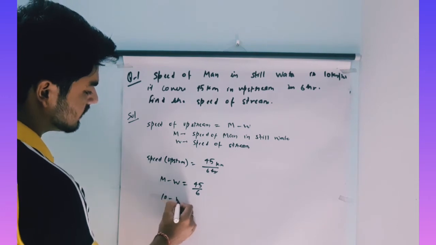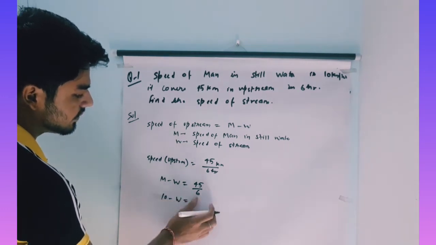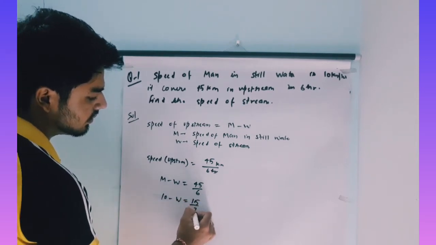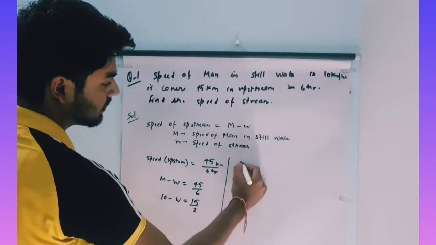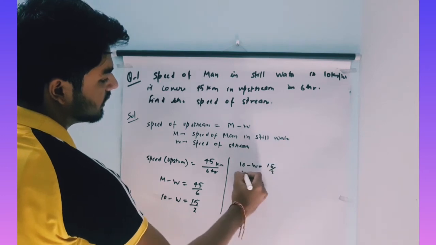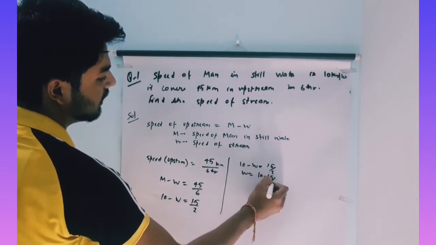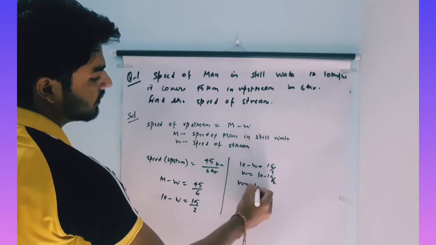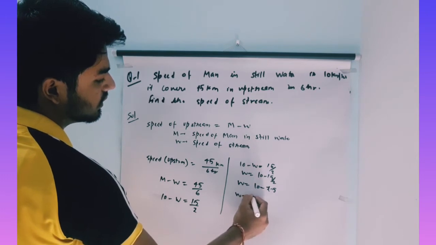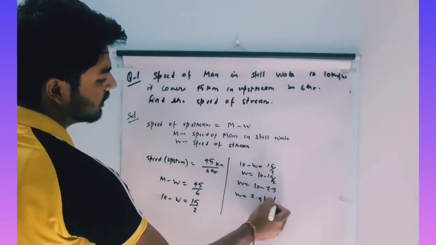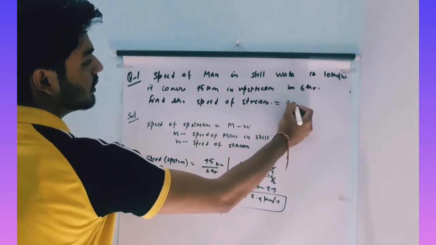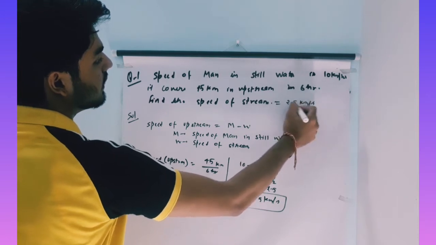So 10 minus w is equal to 15 by 2. W is equal to 10 minus 15 divided by 2, 10 minus 7.5. So w is equal to 2.5 km per hour. So the speed of stream is equal to 2.5 km per hour.